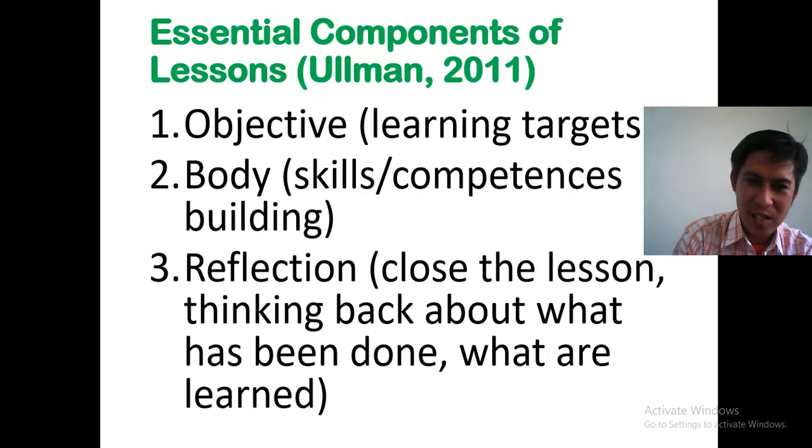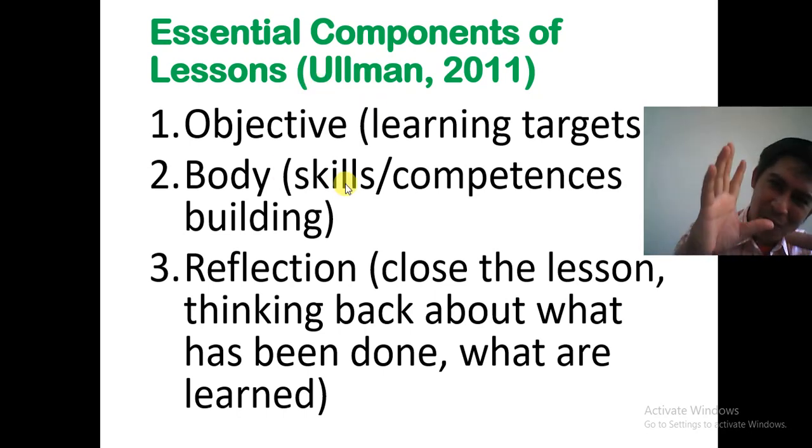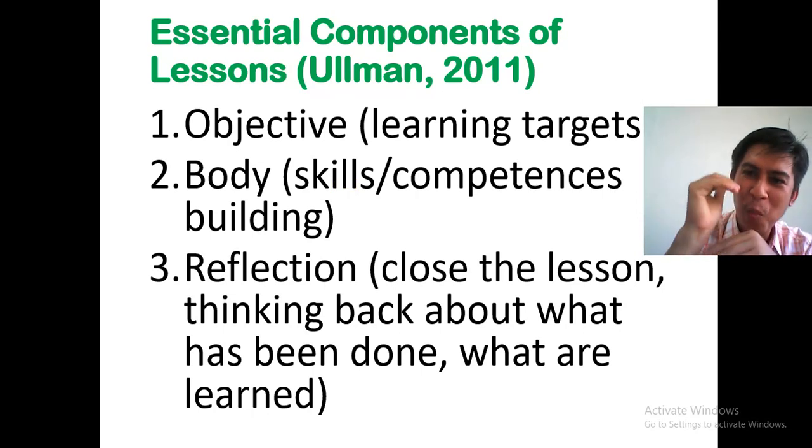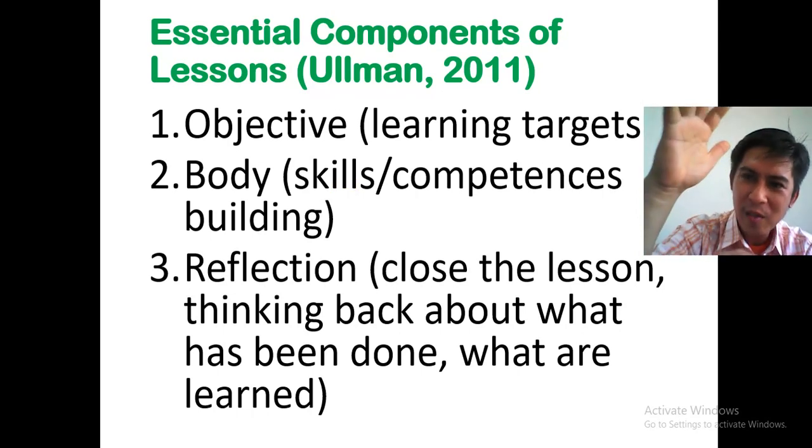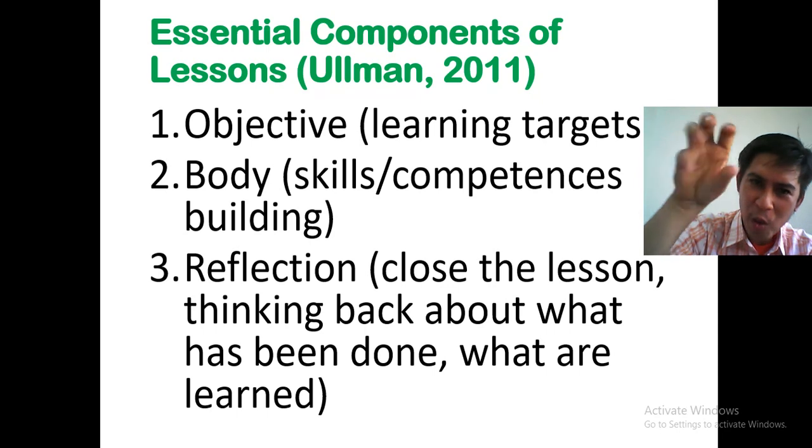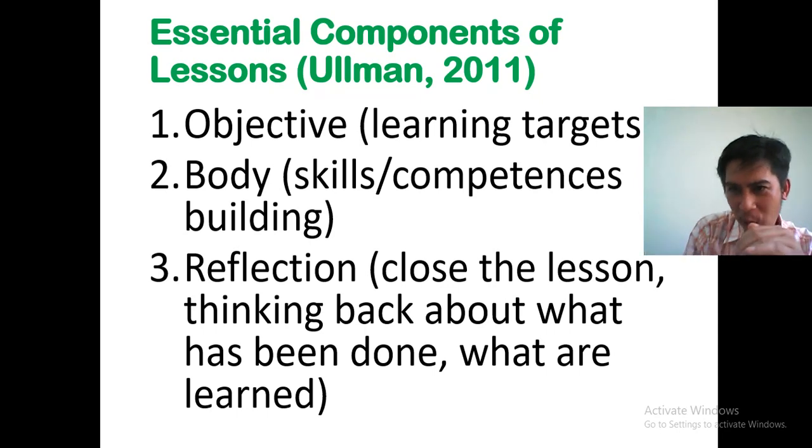Close the lesson, thinking back about what has been done and what students have learned. So basically, we say three parts: first, objective, intro part, the body, and the closure part.